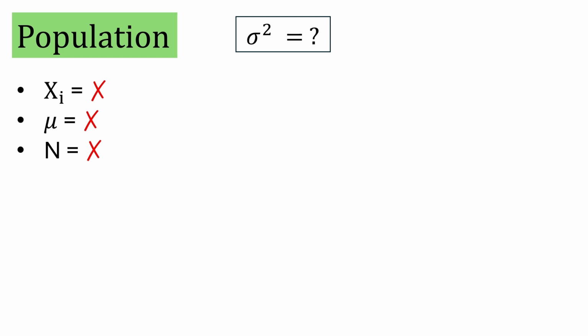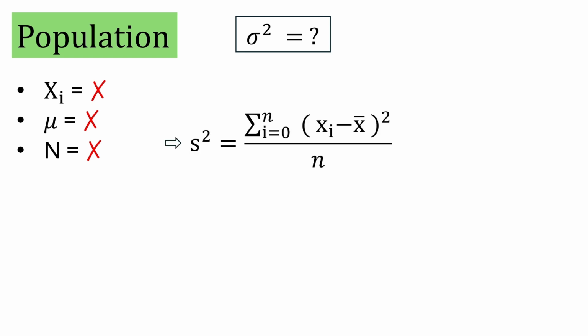So we will guess or estimate the population variance using the sample. We will find the sample variance and assume that this sample variance can be used to represent the population variance.